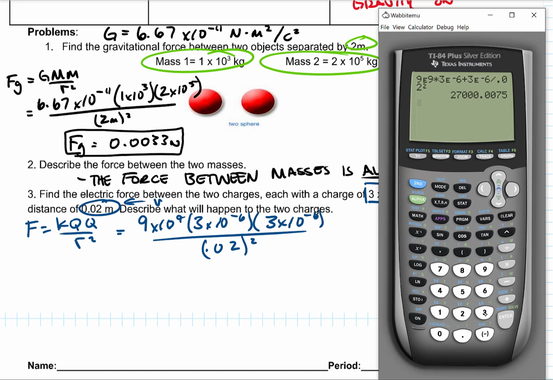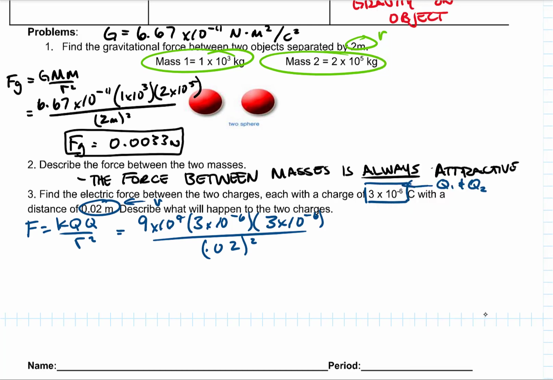That gives me a force of 27,000 newtons. And again, you can pause right now and look at that. So that force is 27,000 newtons.